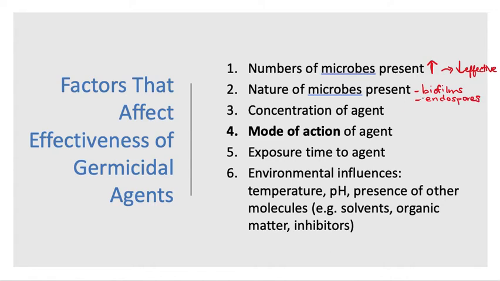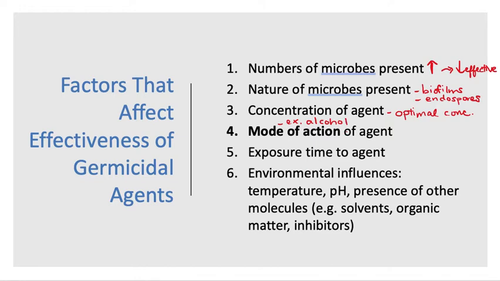The concentration of the agent. This one is an important one. Some products have an optimal concentration, so it's not going to be more is better. For example, alcohol. 99% alcohol is not effective because it evaporates really quickly and it doesn't get inside cells.